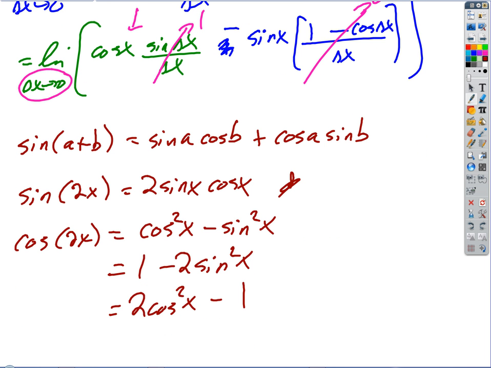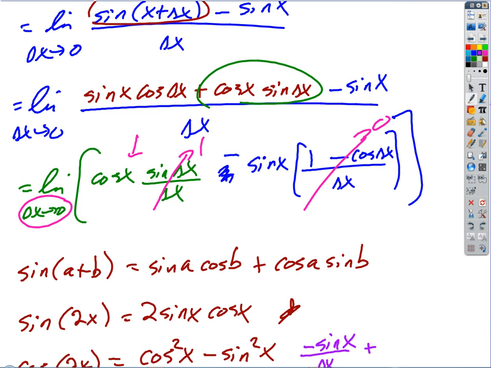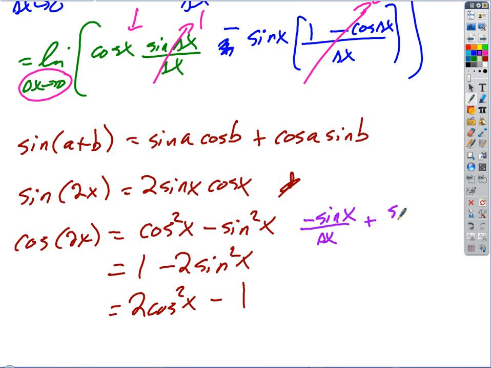So we have, I'll use purple: minus sine x over delta x plus sine x cosine delta x over delta x.